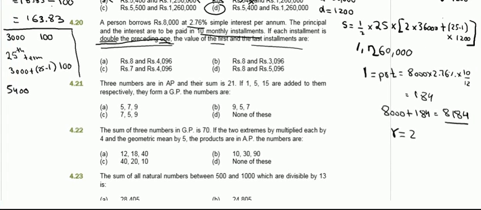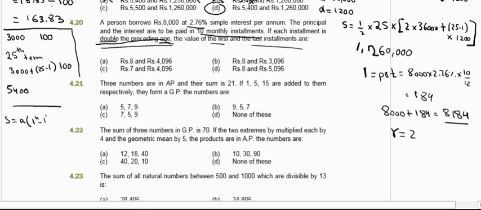calculate the value of the first installment, we know that S is equals to A R power n minus 1 over R minus 1. The total amount to be paid is 8,184. First installment is A, R is 2. Since there are 10 monthly installments, we have n as 10, minus 1 divided by R minus 1 or 2 minus 1.